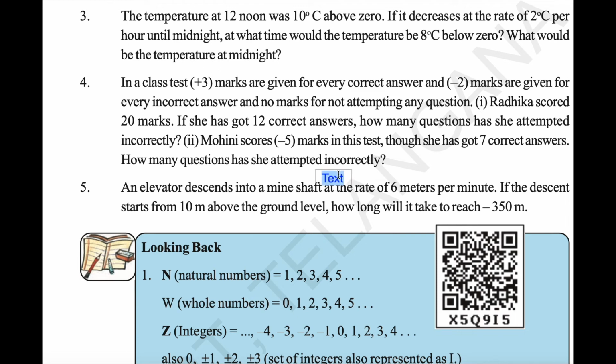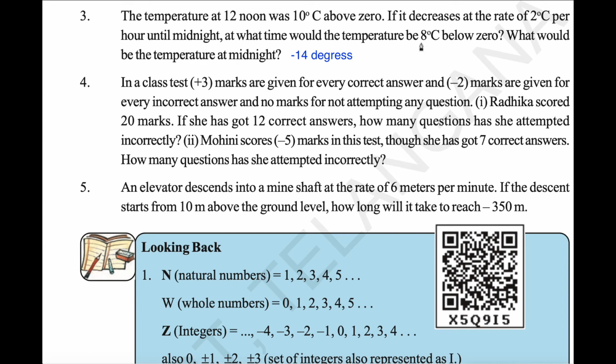Okay, you can write it as minus 14 degrees Celsius at midnight. So at what time would the temperature be 8 degrees below zero, that is minus 8? When can it be minus 8?